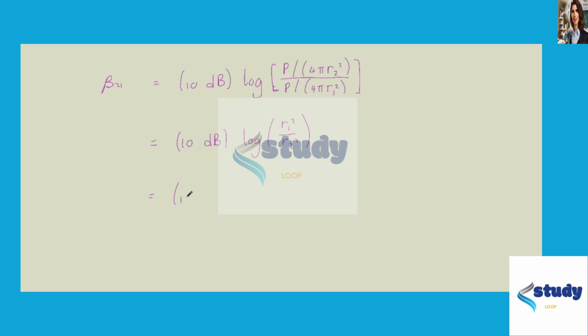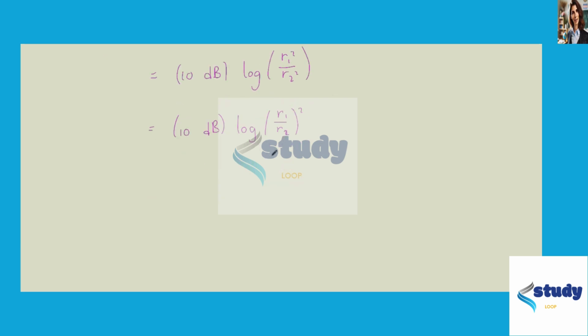And we can write this as 10 decibels times the log of R1 over R2 all squared. Now again, using laws of logs, this can be written as 20 decibels, or 2 times 10 dB, times the log of R1 over R2.